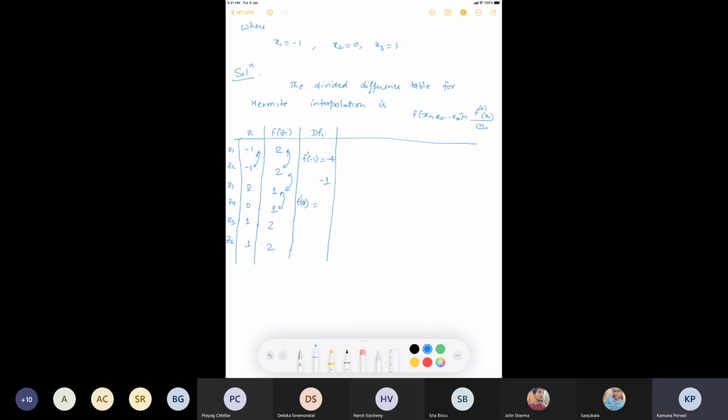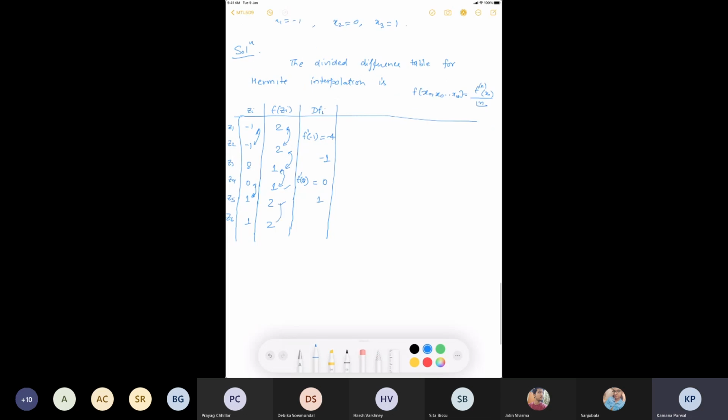So this is going to be 0. When we come to the next two entries, they are different, so I can apply the standard difference of the two f values divided by the difference of the nodes. So this will be 1. And for this one, again, this is going to be f prime of 1, which will be 4.